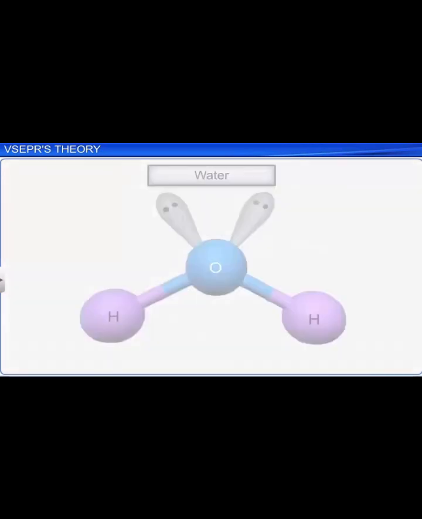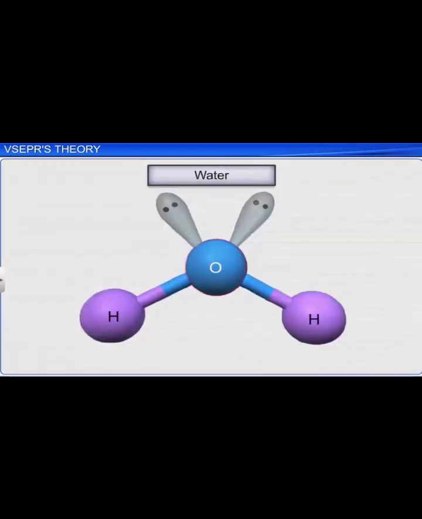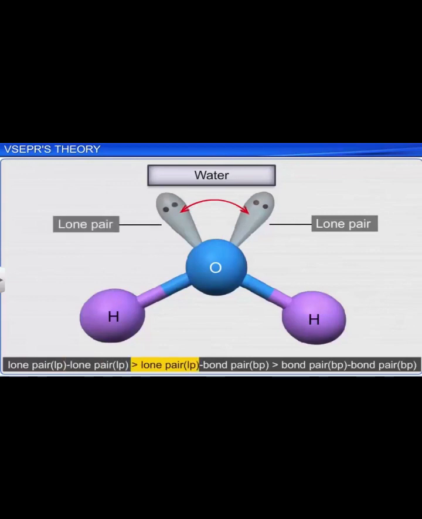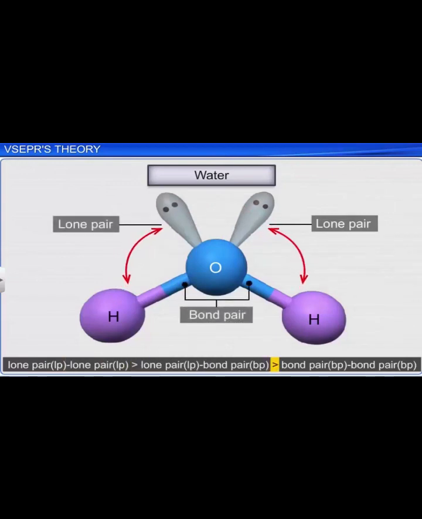In a water molecule, the central oxygen atom has 2 bonded pairs of electrons and 2 lone pairs of electrons. We have seen that repulsion between lone pair and lone pair, and lone pair and bond pair is more than bond pair and bond pair.